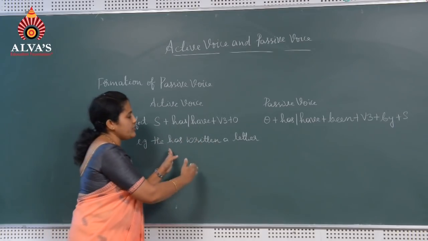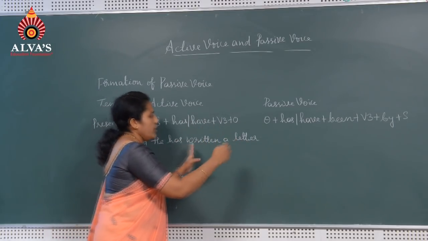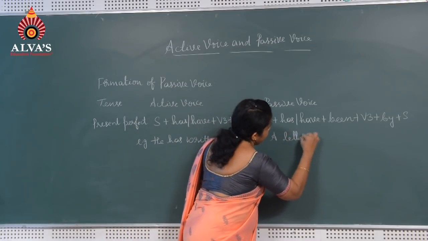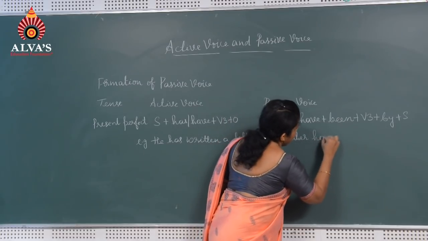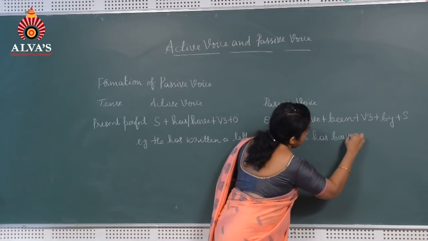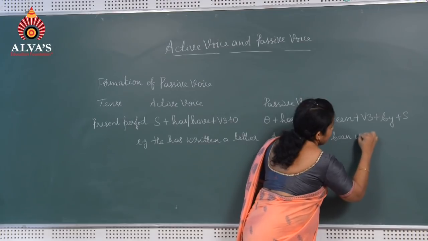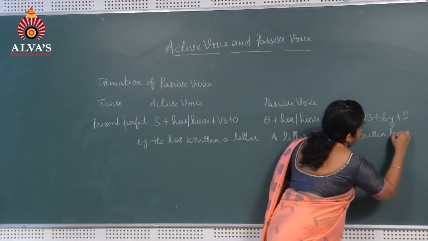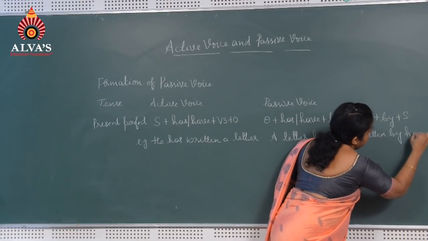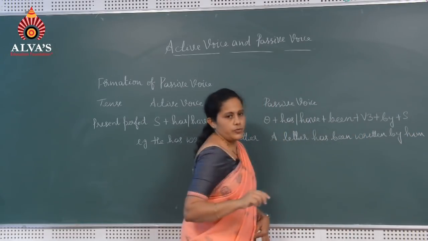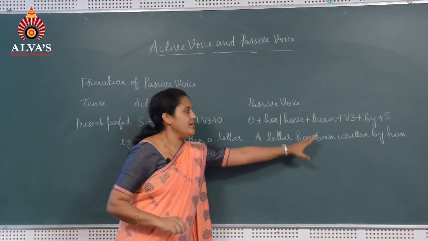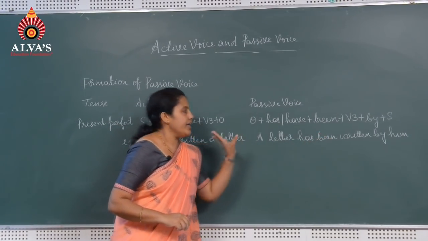When we change from active to passive, we have to write a letter has been written by him. So, when we write passive voice, a letter has been written by him.